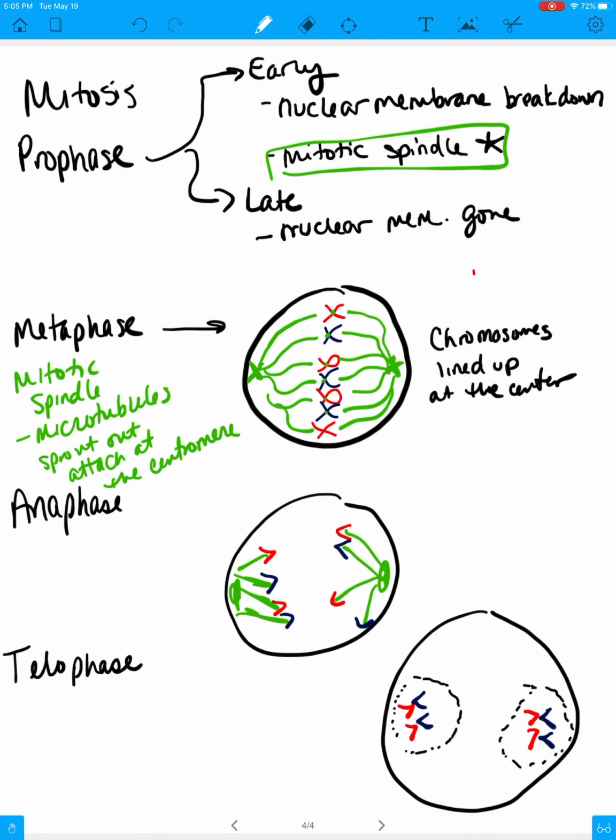And the nuclear membrane is going to be rebuilt. And I'm going to put 2 in parentheses because we have 2 new.